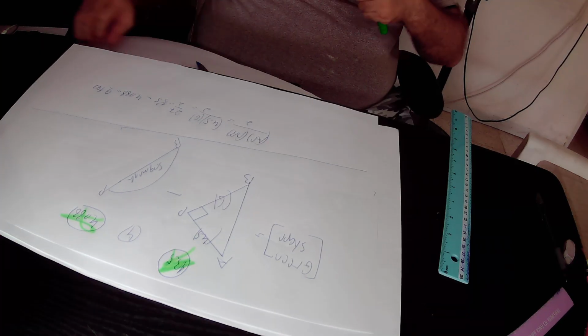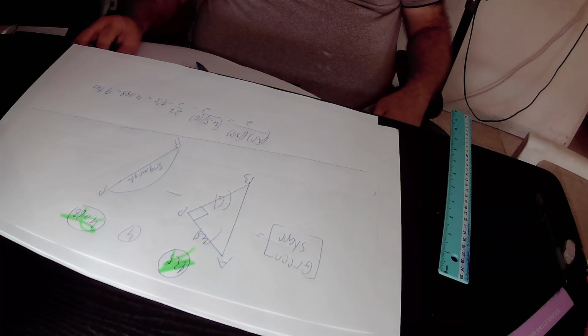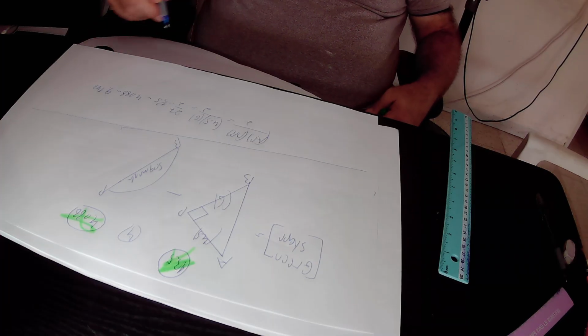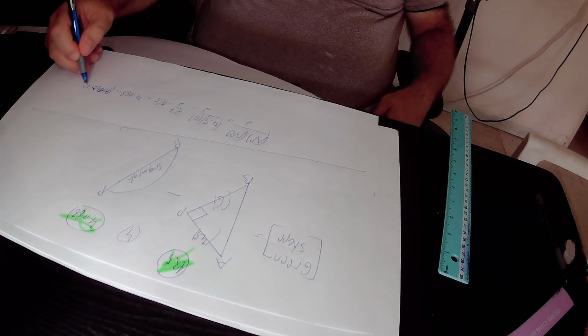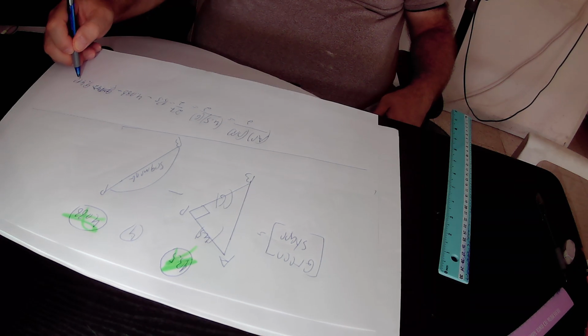We check again. 13.5 minus 4.088 is equal to 9.412 square meters.